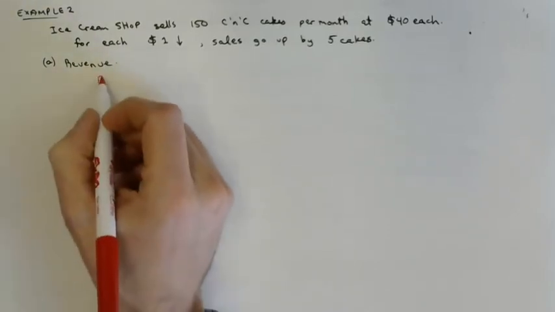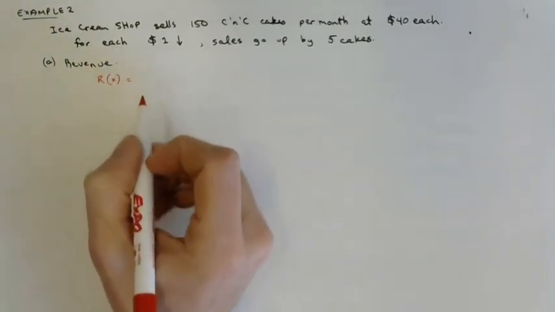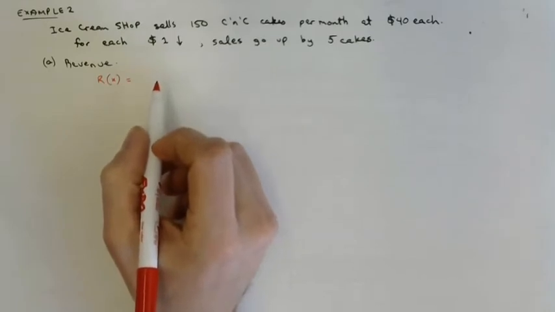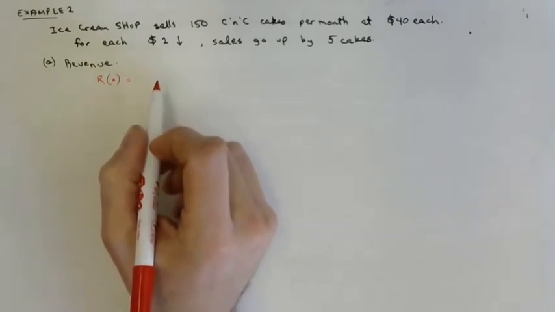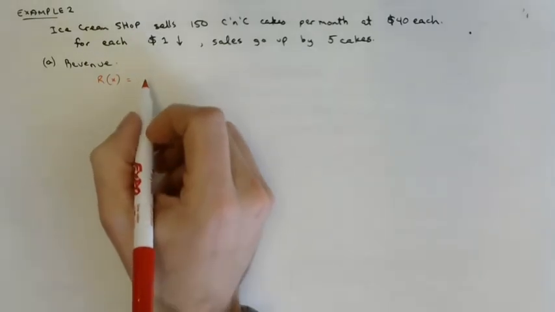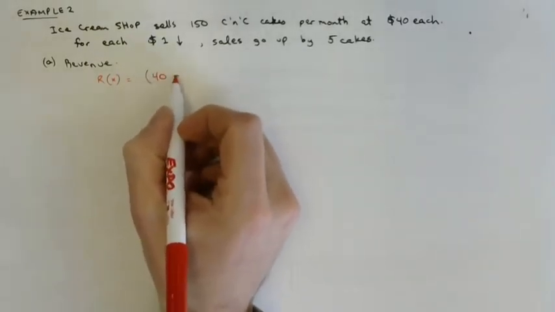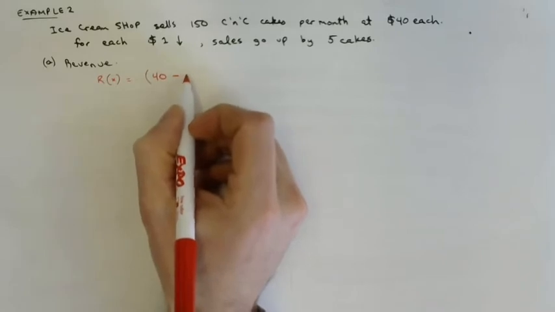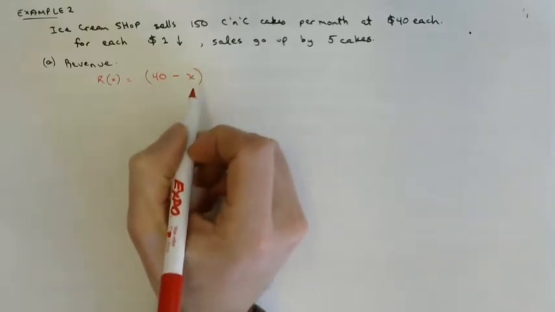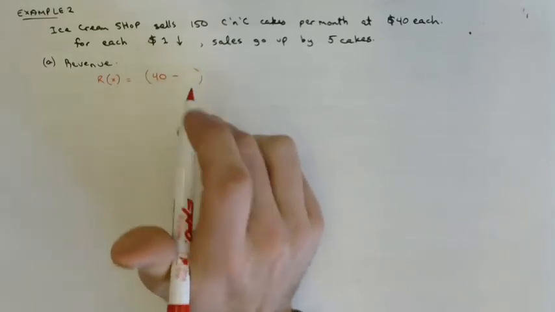We know revenue is the price of each unit times the number of units sold. So the price of each unit is 40 minus 1x, where x is the number of price drops, or we can use n to be consistent.